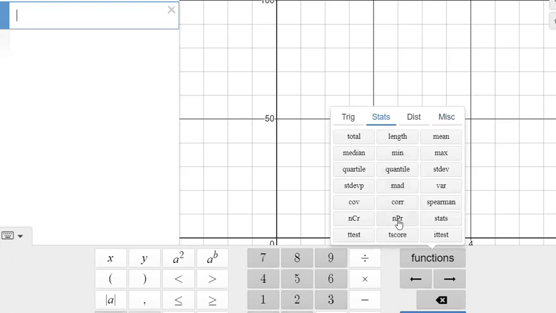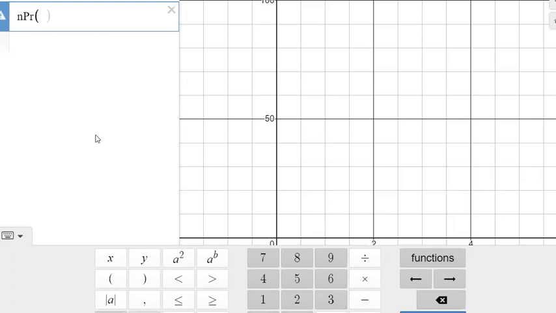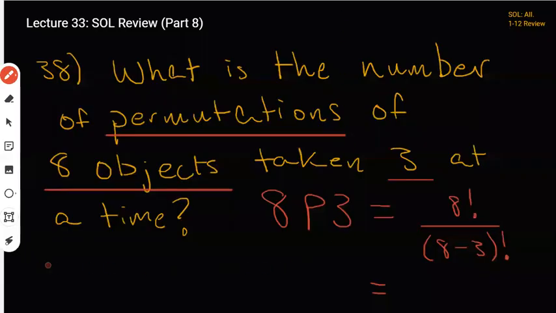I'm going to click that. And then the 2 numbers are 8 and 3. I'm going to separate them out by commas. And then the answer is going to be at the bottom of the box, 336. So 336, that's my answer.